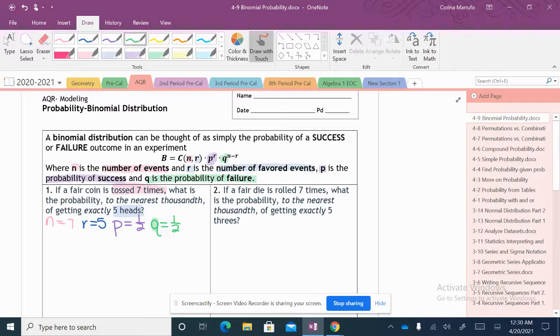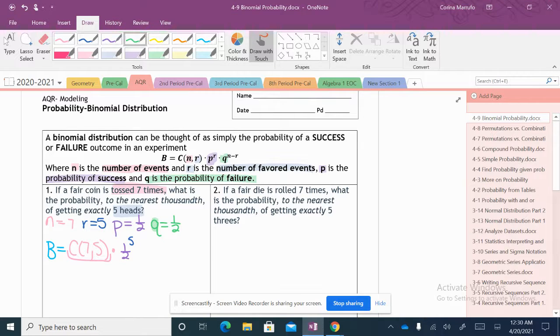So we're going to plug all this into the formula. Our binomial formula is equal to the combination of n and r, so the combination of n, which is 7, comma r, which is 5. We're going to put that in our calculator. Remember, this gives us a number. Then we multiply times the probability, which is 1/2, to the power of r, which is 5.